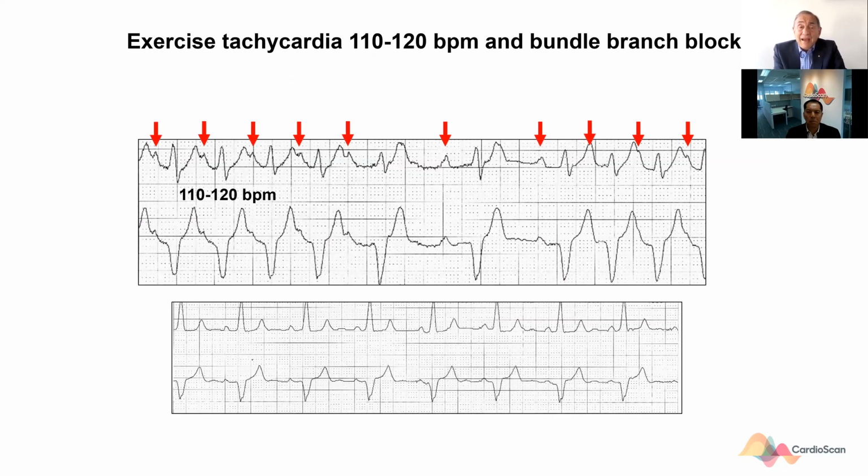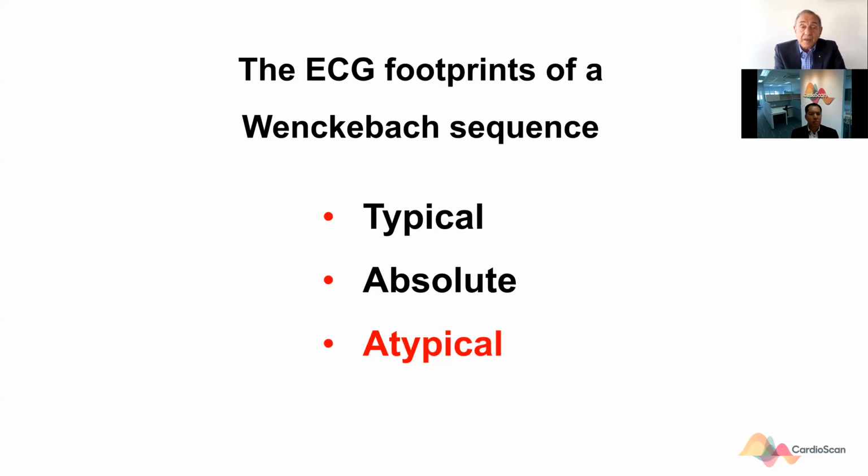Let's map out the sinus P waves, and we can see that with the blue ones now, these are drop beats, and this is a varying Wenckebach block at a low rate of about 110 to 120 beats per minute, which with association of a bundle branch block may be more serious and we would have to consider pacing in these patients, particularly if they are symptomatic, as I think this may well be a distal disease.